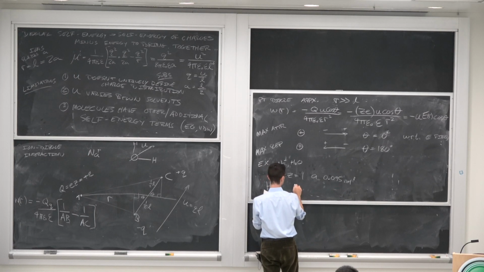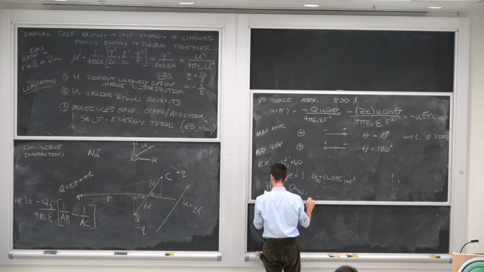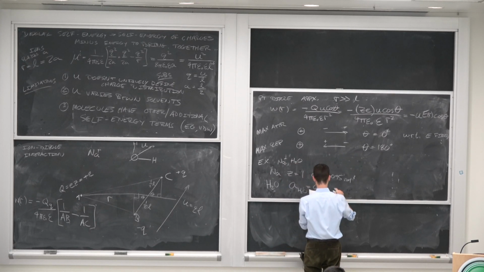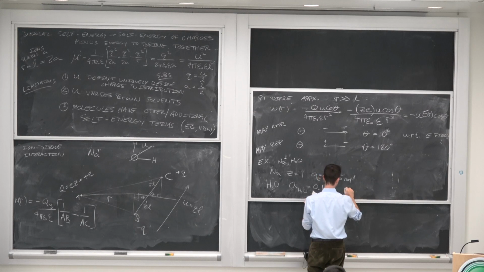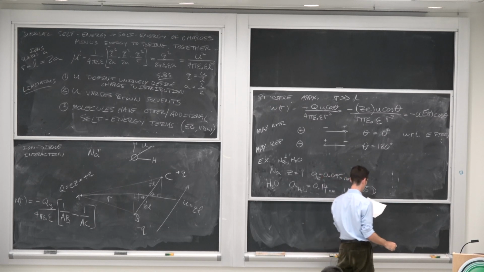H2O has A equals 0.14 nanometers, and U equals 1.85 debye.